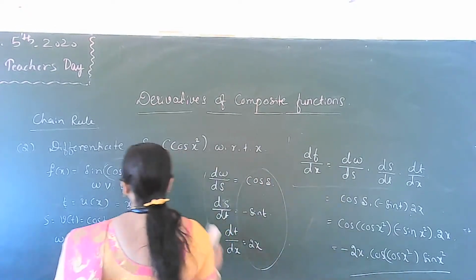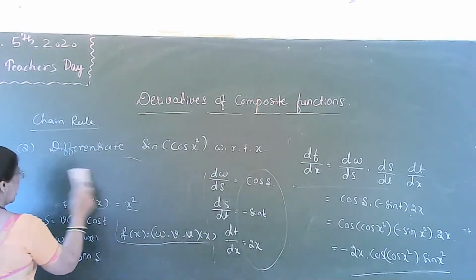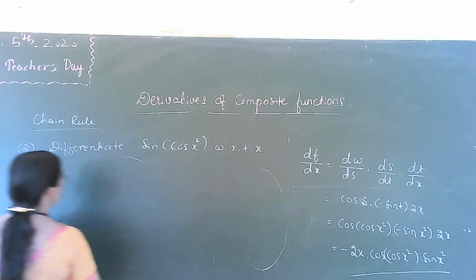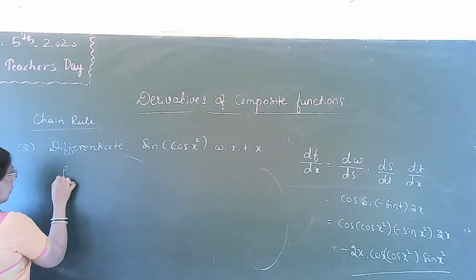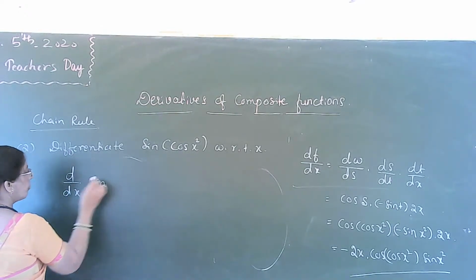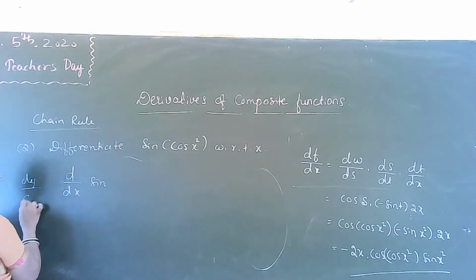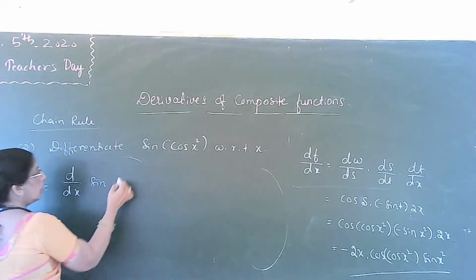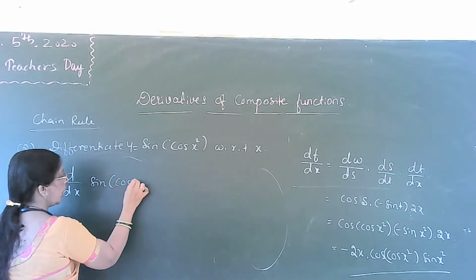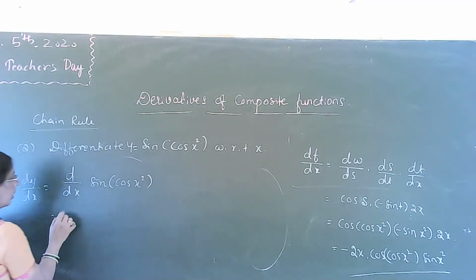We can find the derivative of this function alternatively, like d by dx of sin of cos x square.